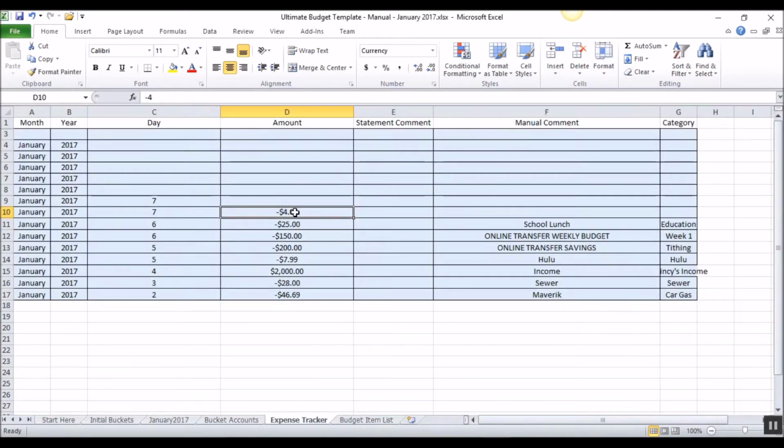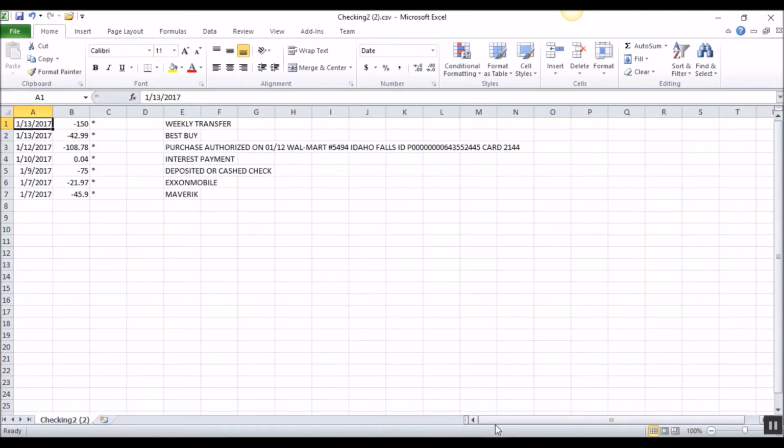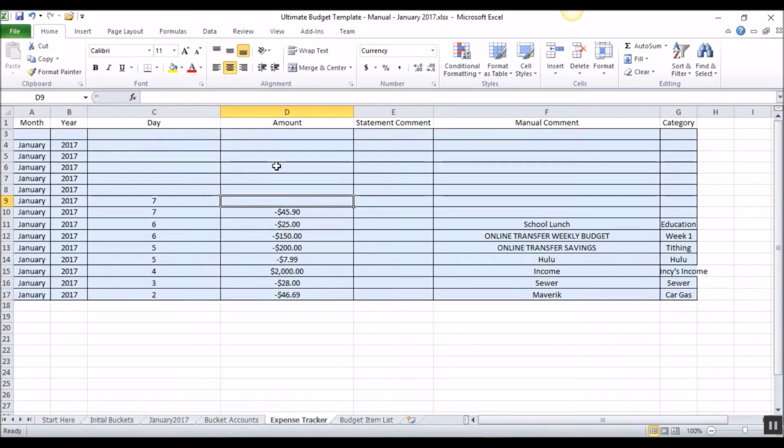I'll do these one at a time so that I don't forget while I'm talking. And then also 21.97. So we'll come back over here. 21.97. And I'll just do it as gas. No need to really manually comment anything there. In fact, typically I would leave those blank. And then here, they are car gas.